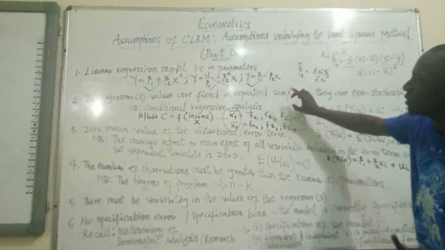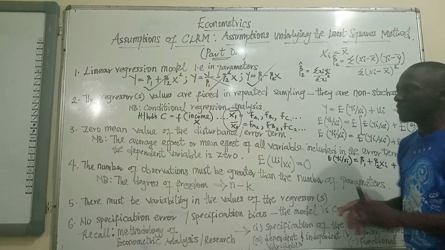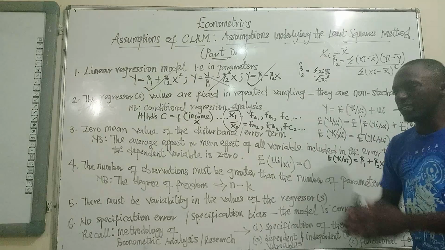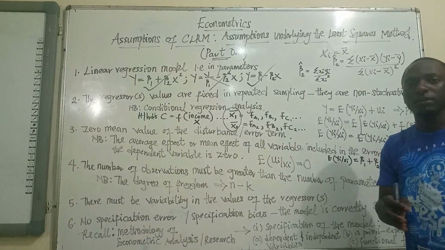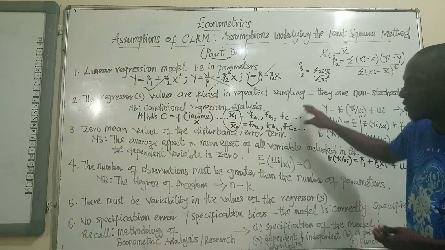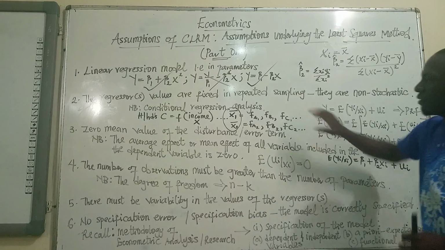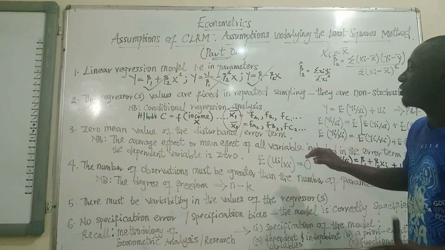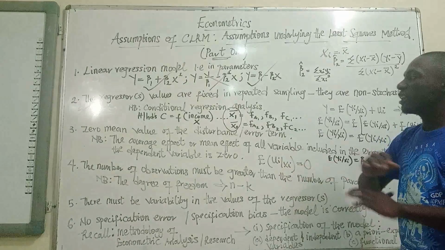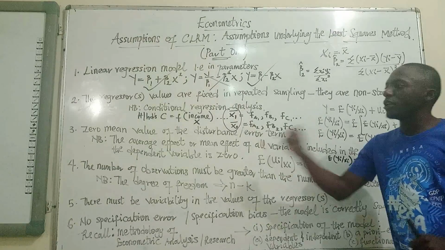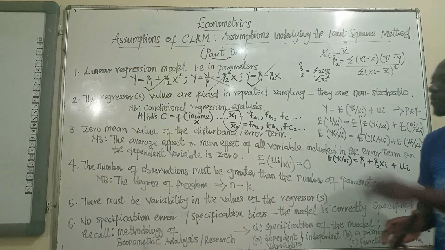That's basically what this assumption is about. That is, the values of our regressors are fixed over different sampling. We'll still say something about this when we get to assumption 5. So it's very important to note that the values of regressors are fixed in repeated sampling. They are not stochastic.